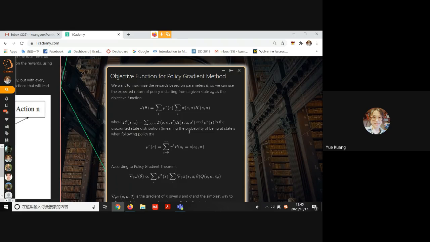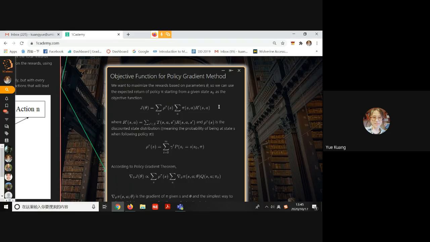It means the probability of being at state s when following policy pi, and it can be calculated with this equation. To calculate rho, we sum over all time steps t the probability of being at state s at time step t, multiplied by the discount parameter gamma to the power of t.